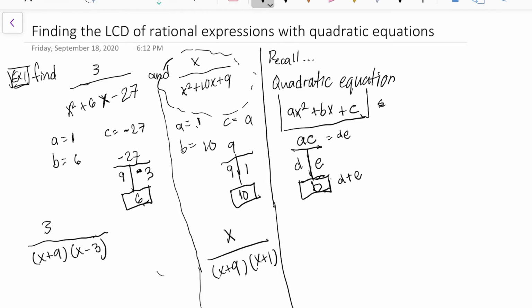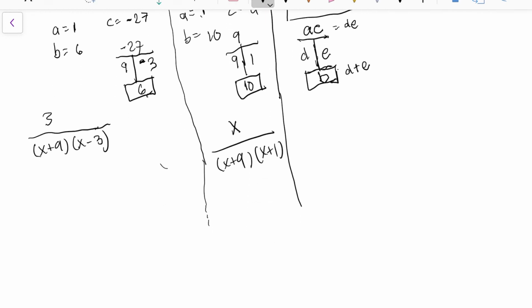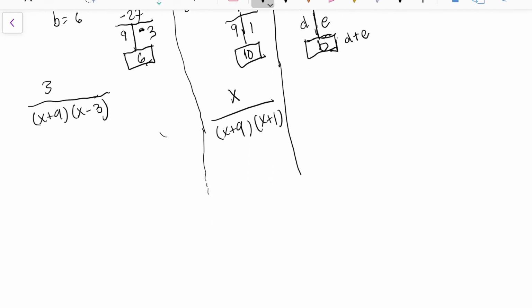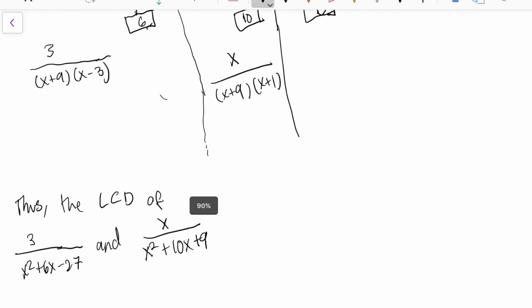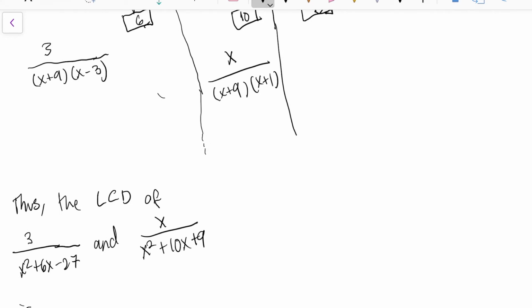Thus, we can now sum it up: the LCD of 3 over x squared plus 6x minus 27 and x over x squared plus 10x plus 9 is x plus 9.